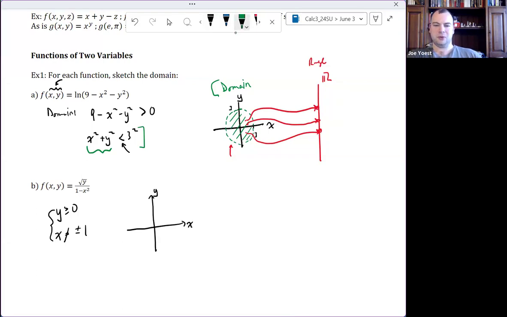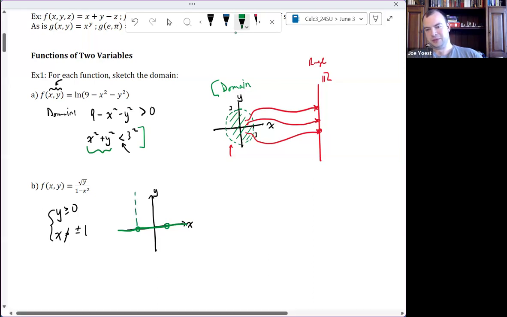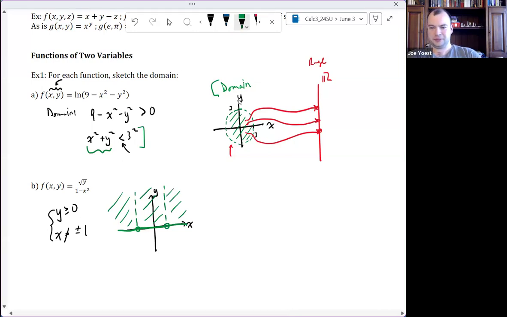And so again, I'm looking for y's bigger than or equal to 0, including the x-axis, except at -1 or +1. All of the positive y's, but not including these two half vertical lines. So this bit over here is all good. This bit is all good. And over here, as well as anything on the x-axis that's not ±1.